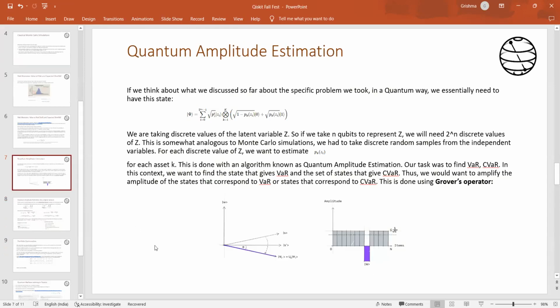Grover's algorithm is a very interesting algorithm. I personally find it very fascinating how someone could think of an approach like that. It's generally used for searching from an unstructured database. If you think from this problem statement, you are essentially looking for that single value at risk value, or you're looking for an expected shortfall.